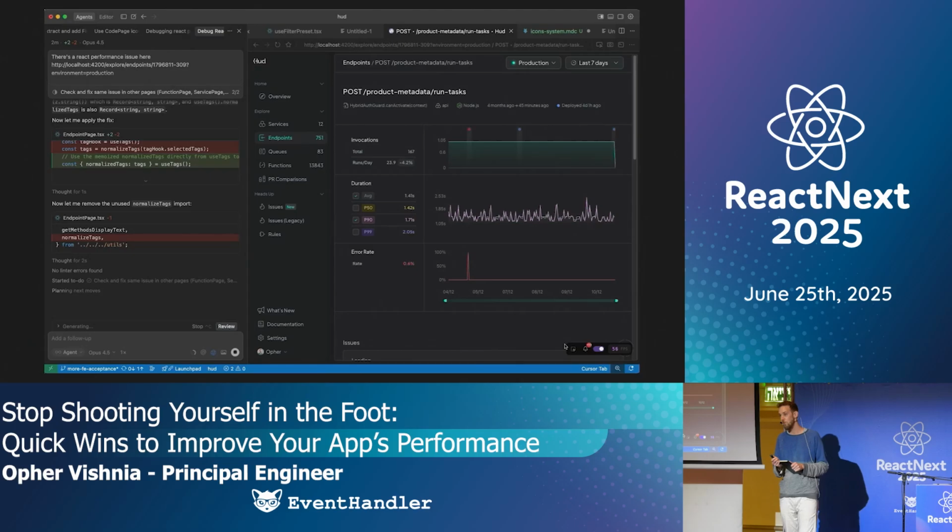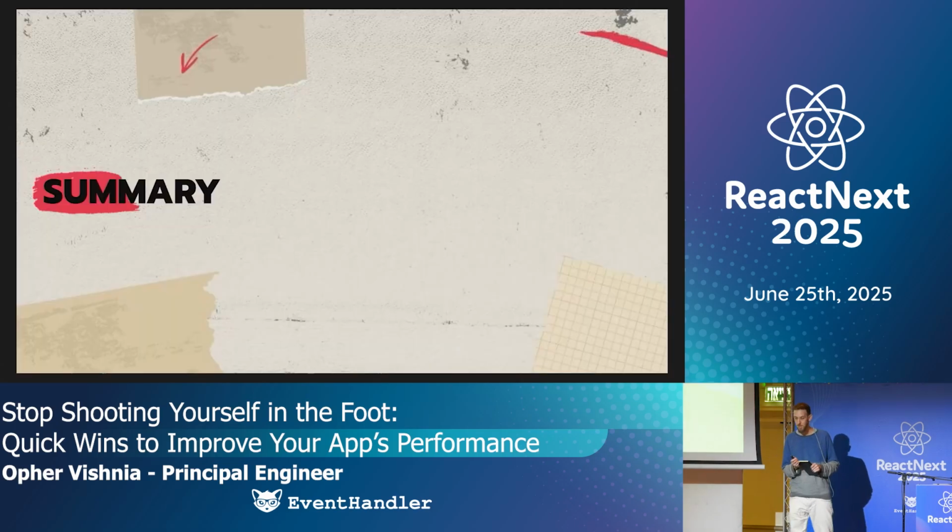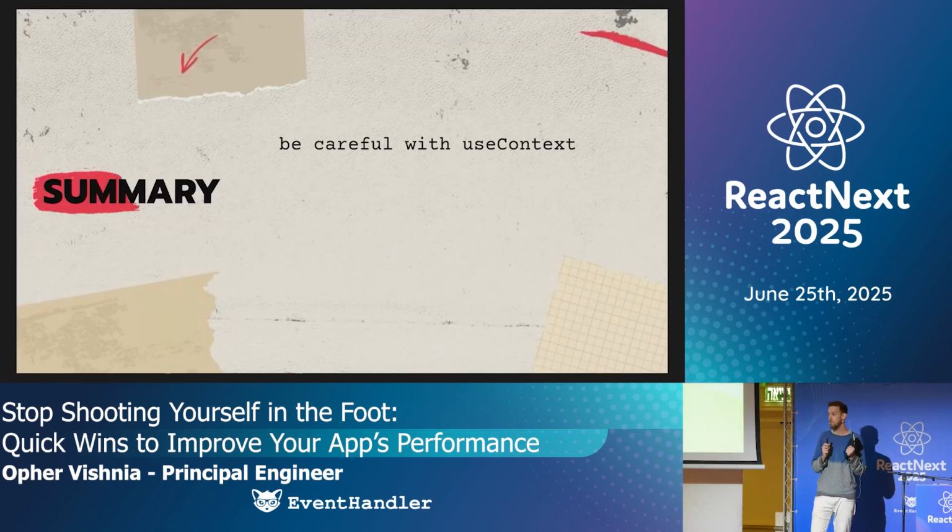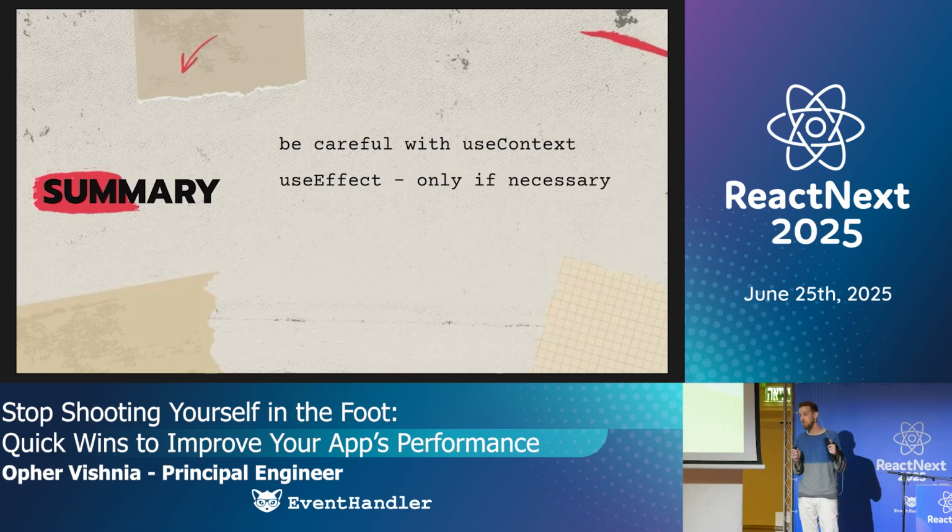Thanks. So, in summary, be careful with useContext. It's a really useful tool, but one wrong step, one wrong reference, and your entire app gets, okay, I'm over-exaggerating, but a lot of stuff gets re-rendered that you didn't intend to. useEffects.